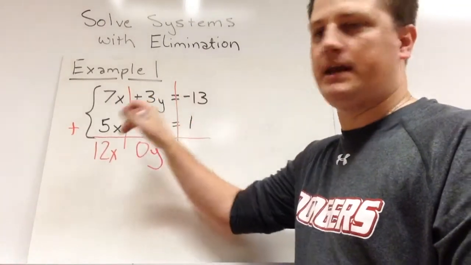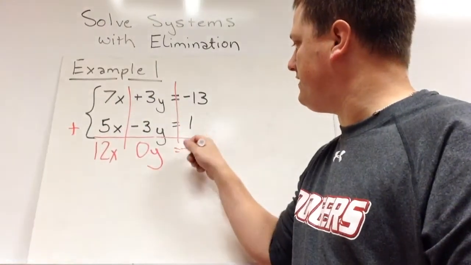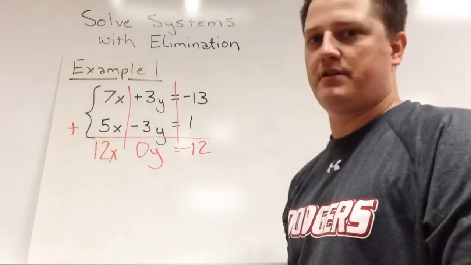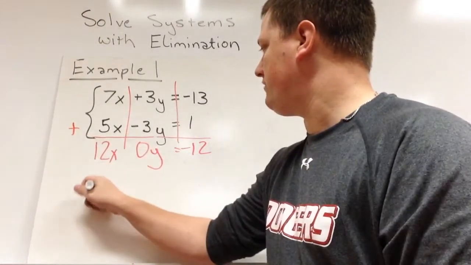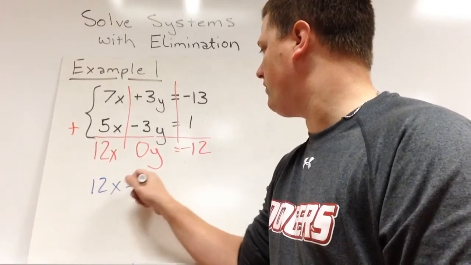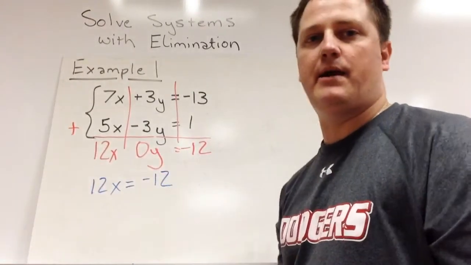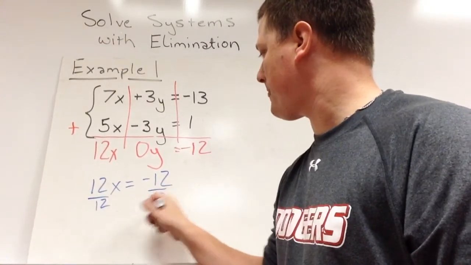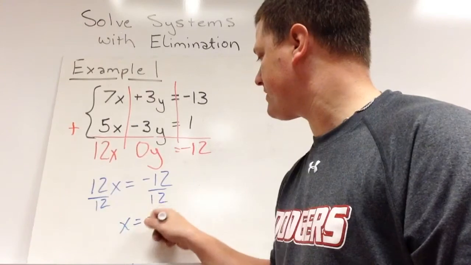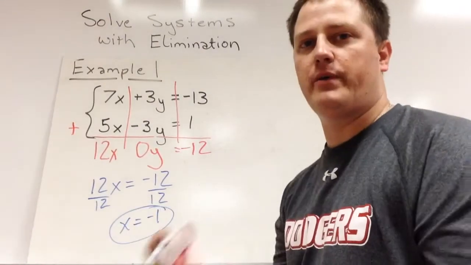And negative 13 plus 1 is negative 12. We don't need the 0y, so I'm going to rewrite this without that 0 part. So this is 12x equals negative 12. Now I can solve for x. Okay, so we have our x value.